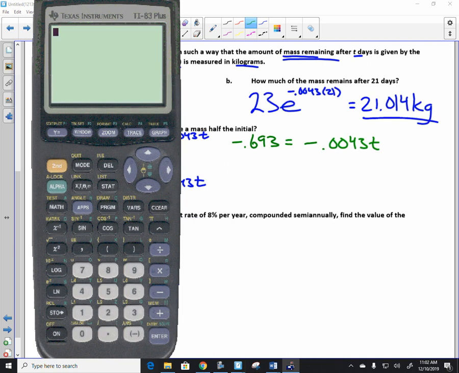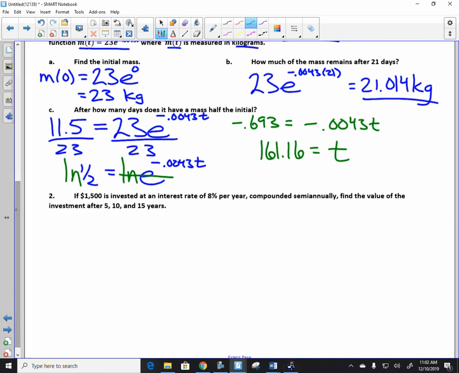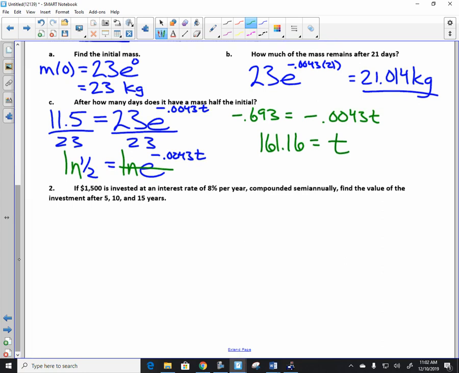And so we take negative 0.693 and we divide it by negative 0.0043. 161.16. What does that mean? Yeah, to decrease to half its initial mass. Very good.